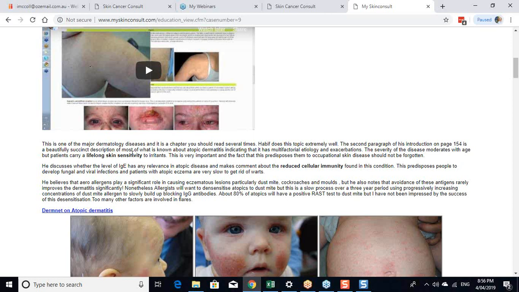And remember that patients with atopic dermatitis have this lifelong skin sensitivity to irritants. So if they're in occupations such as nurses or hairdressers or in the catering industry, these are people who will suffer from easy irritation of their skin.